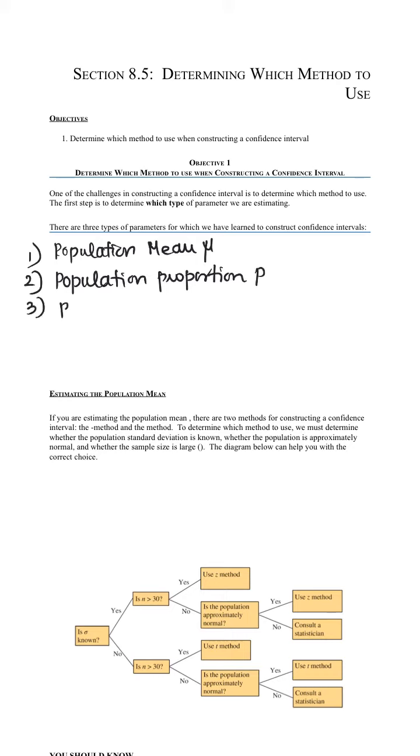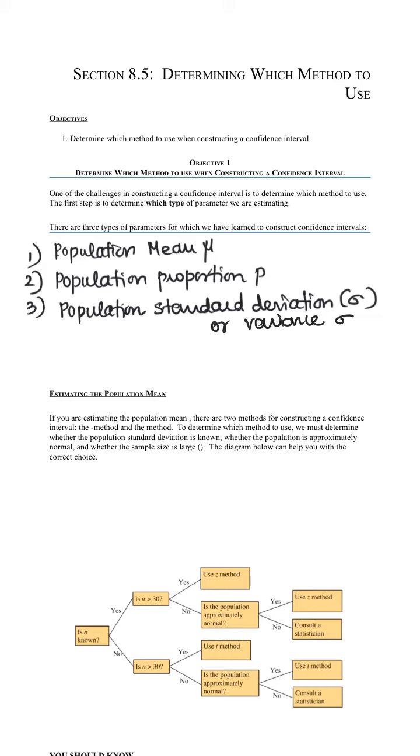The third one is the population standard deviation, or variance sigma squared.